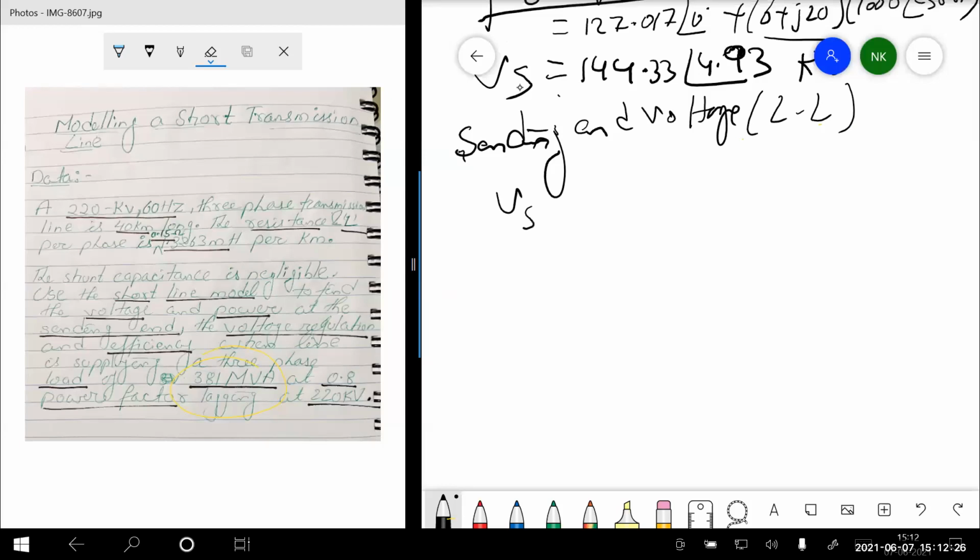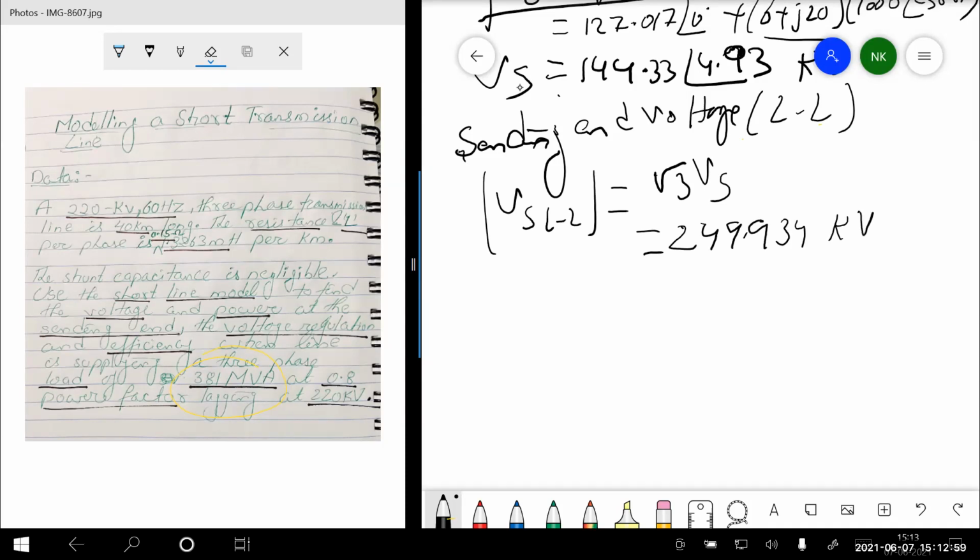You could write VS line to line as √3 VS, so it comes around 249.934 kilovolt.